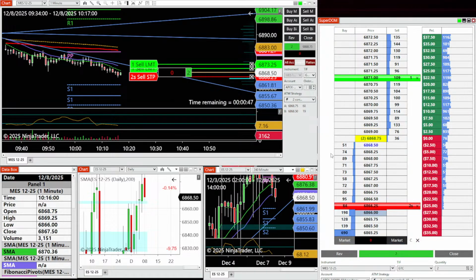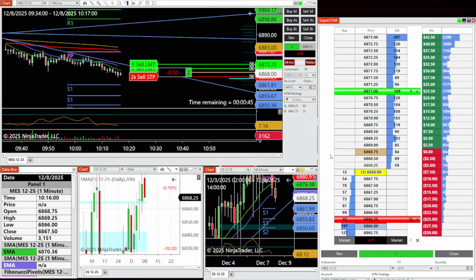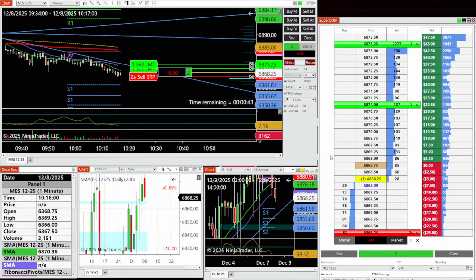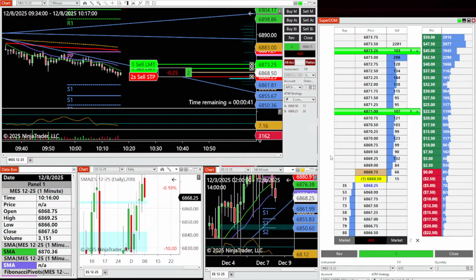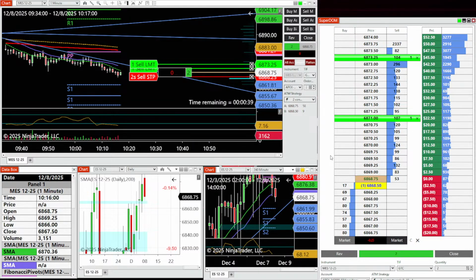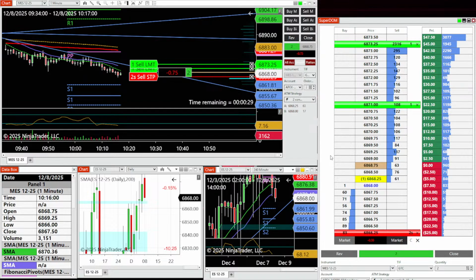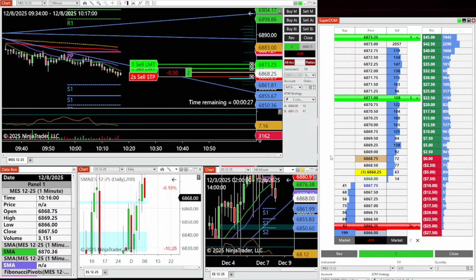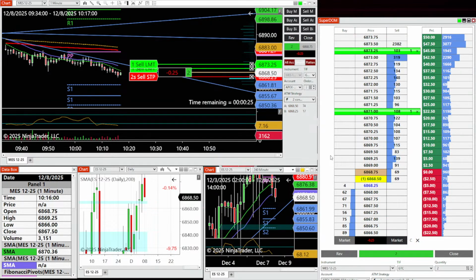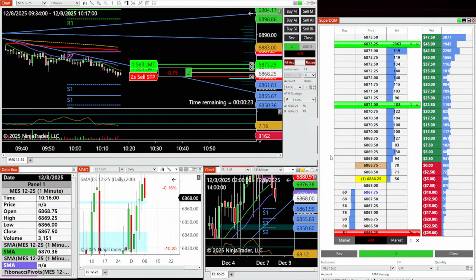Here we go. Try to get in and see if we can get it. See if we get some pullback somewhere.